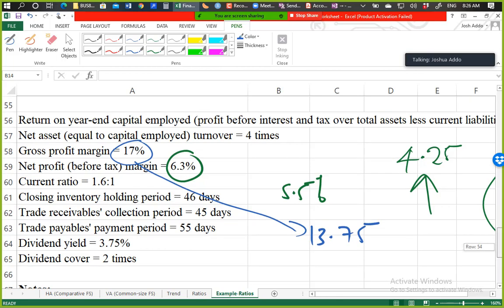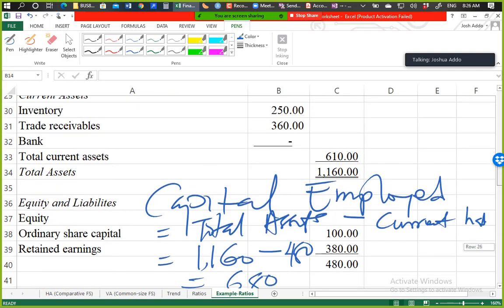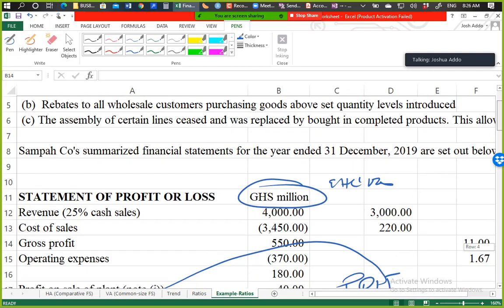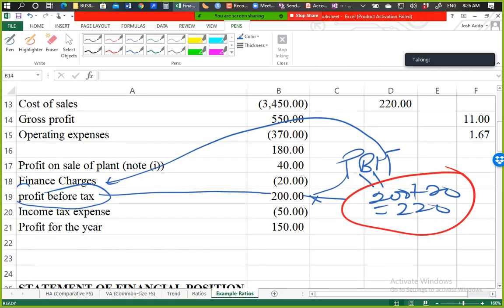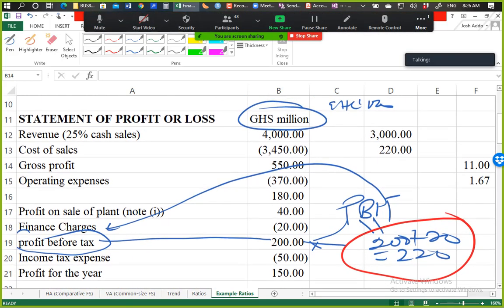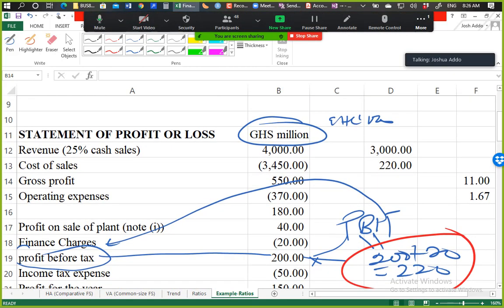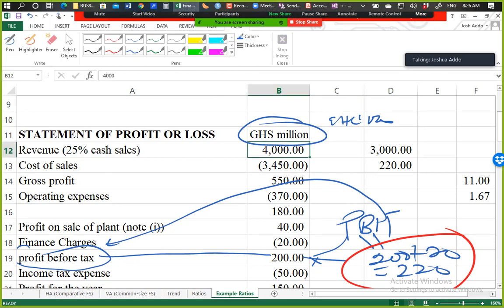What we'll be picking from the income statement, or the statement of profit or loss, is the revenue. Revenue is 4,000. Divided by capital employed, that we have been using. I think it was calculated as 680.